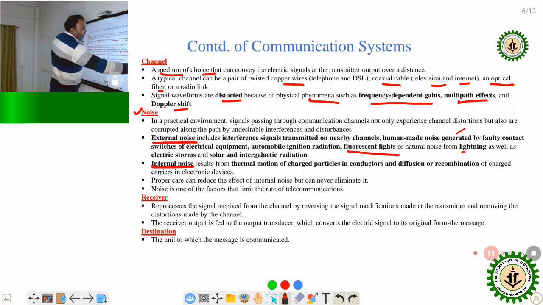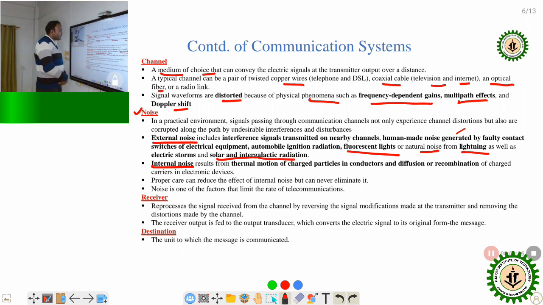Natural noise also comes from lightning, as well as solar and intergalactic radiation. These are some examples of external noise.